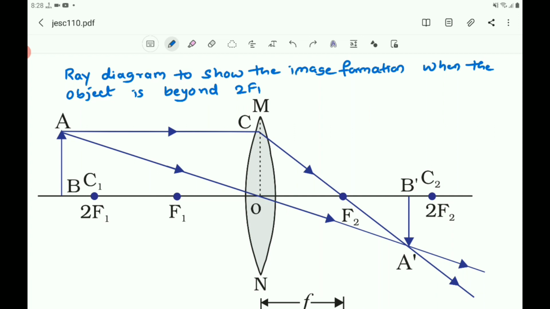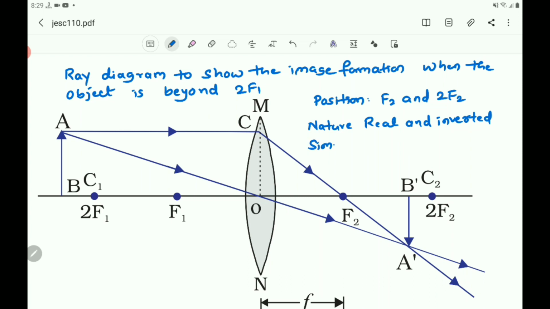So you write the position of the image: between f2 and 2f2. Nature: real and inverted.